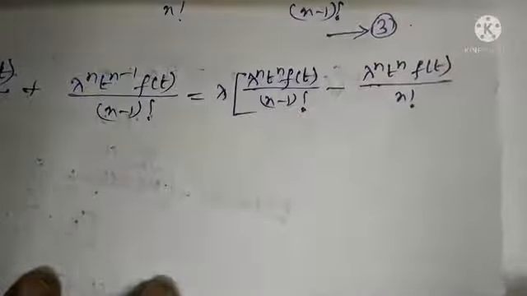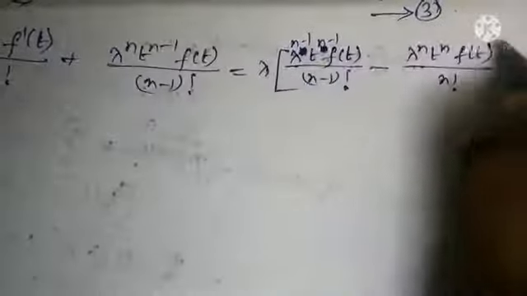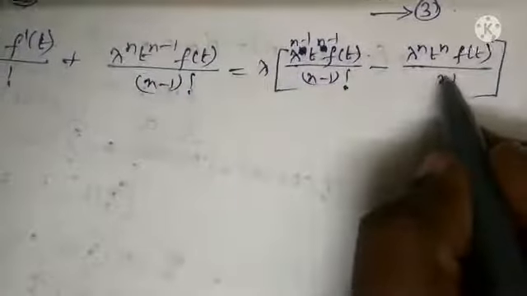Am I right? When I replace n by n minus 1, I have not replaced n minus 1 in the numerator. Pn minus 1 of t minus Pn of t. Let us simplify this.